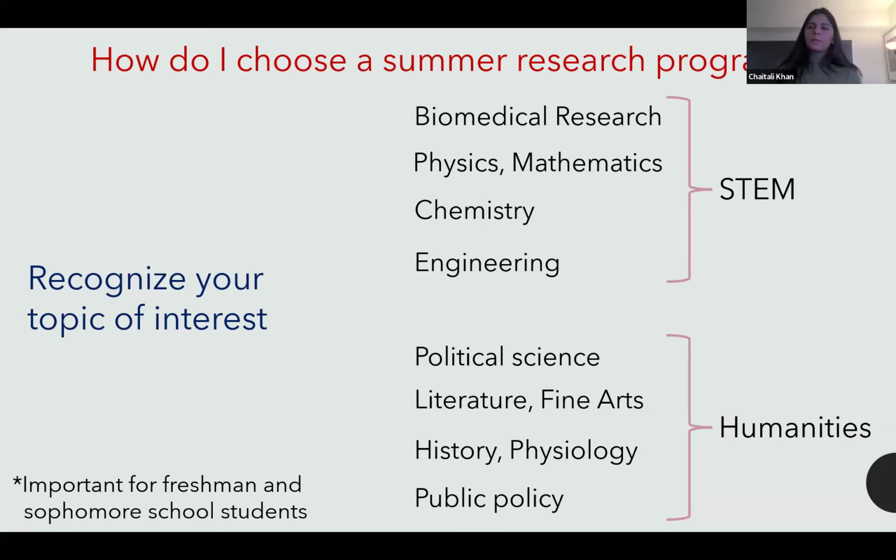At that point, recognizing what really interests you, whether you want to be a writer, a politician, or a scientist, it is important to recognize which topic area you want to have an internship in. And if you do not know, having an internship in one or two diverse topics would probably be better for you. That opens your mind up, and then you can finally define your topic of choice.